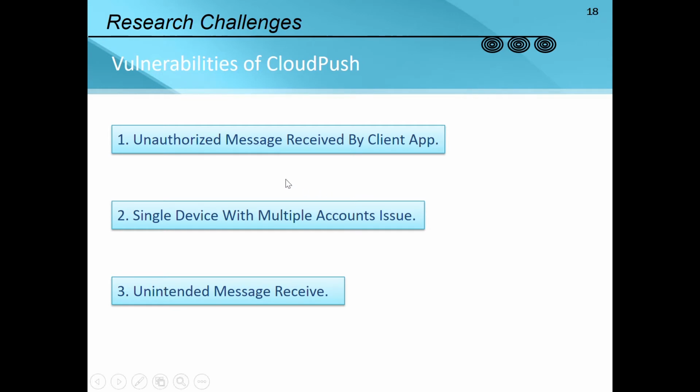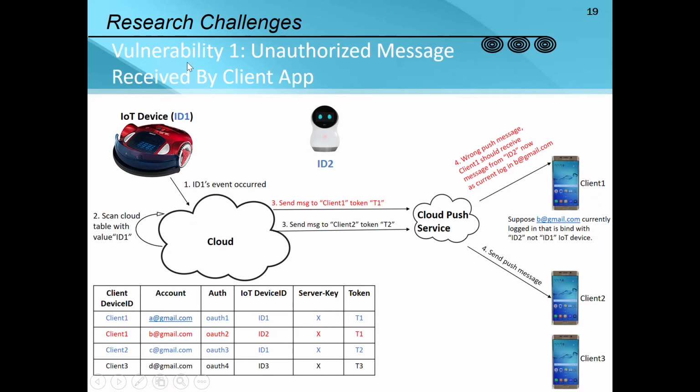Vulnerability 1. As the CloudPush framework supports the multi-user feature, a single client application can use multiple accounts on its device. For a client, only one account ID is active at a time. The client application should receive only the notifications from IoT devices that are registered with this account ID.